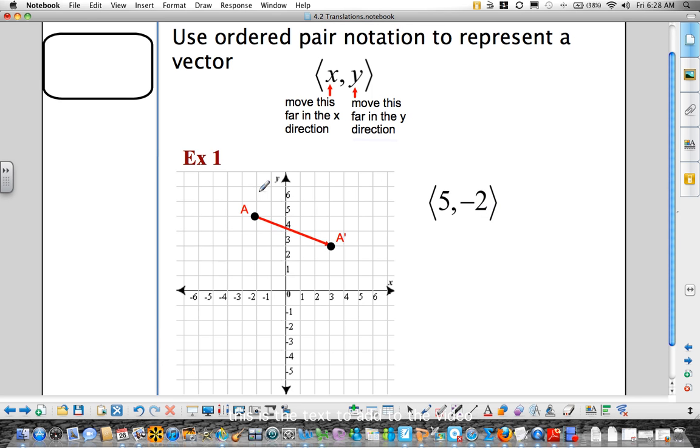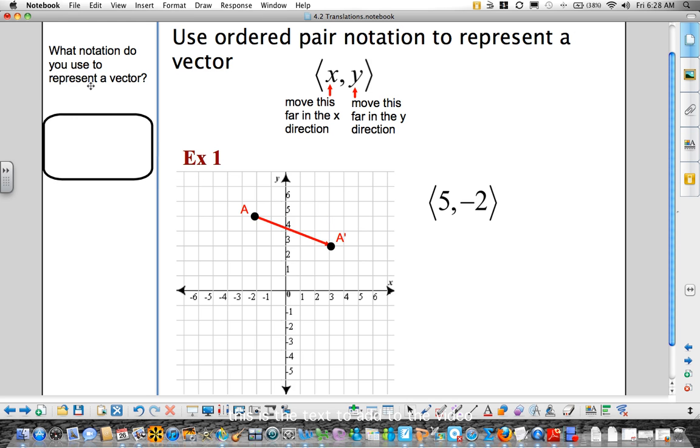You can see point A moved 5 units to the right in the positive x direction, and then it moved 2 units down in the negative y direction, and that's how I got to my new location of A prime. So I've translated the point A by the vector ⟨5, -2⟩.